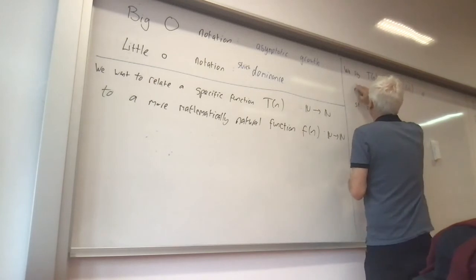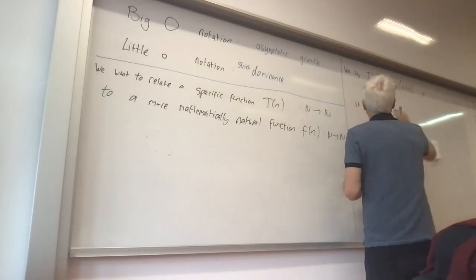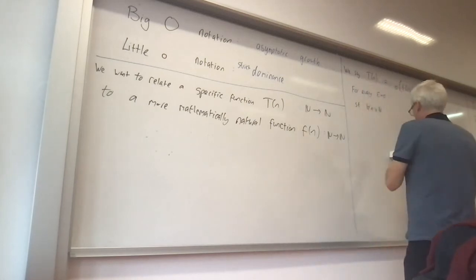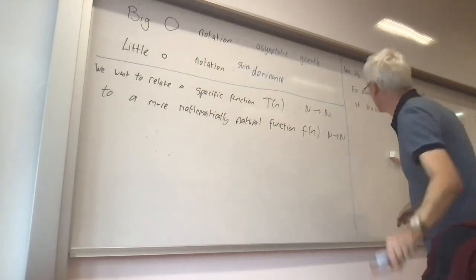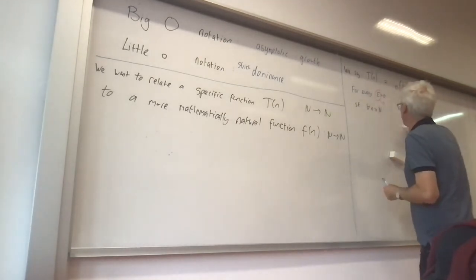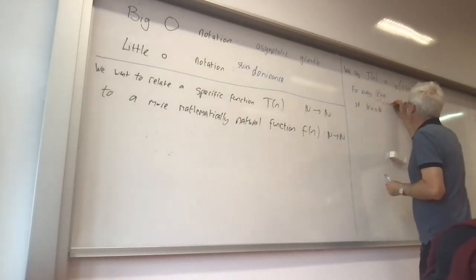So for that, it's crucial that we have real number multipliers. So it's if for every epsilon greater than 0, where it's now very important that epsilon is a real number. Well, it could be any rational number, that would be enough. But anyway, we'll say a real number.